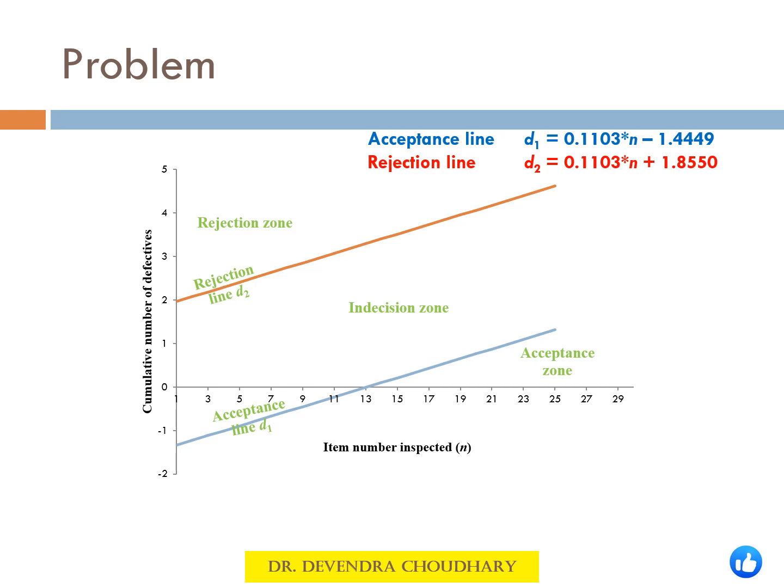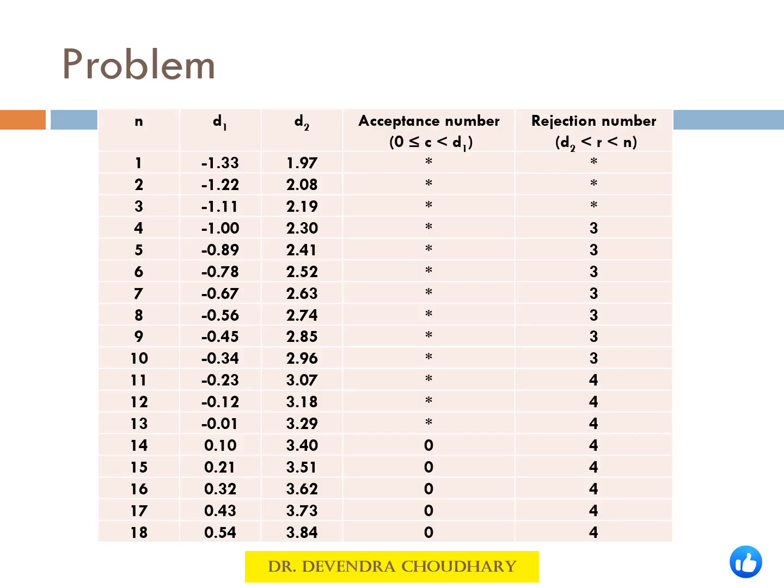So let's convert it into acceptance and rejection numbers. You see here, up to 30 you are not permitted to accept it. You are permitted to reject it from the 4th sample onwards.